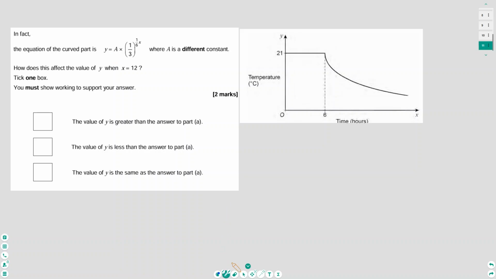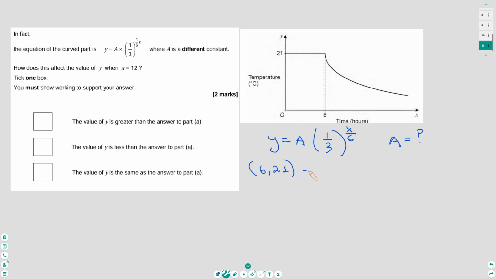The formula that we have is y equals a constant times (1/3) to the power of x over 6. First thing to do is to find the constant a. To find the constant a, we use again the point on the graph, (6, 21).